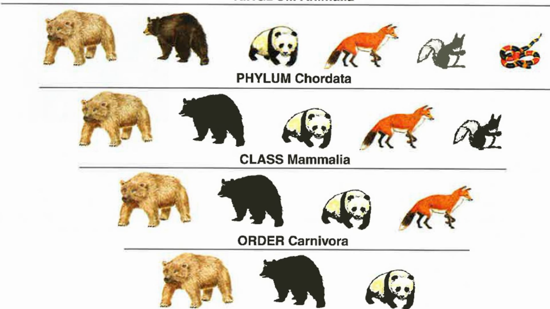The class Mammalia is grouped with birds, class Aves, reptiles, class Reptilia, amphibians, class Amphibia, and all classes of fishes into the phylum Chordata. All these organisms share important features of their body plan and internal features.